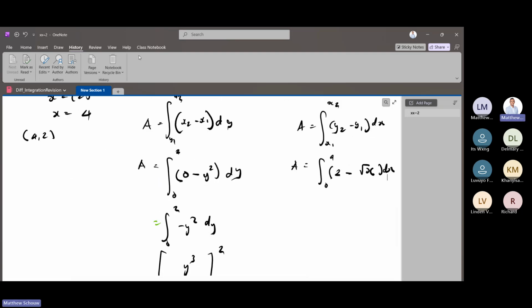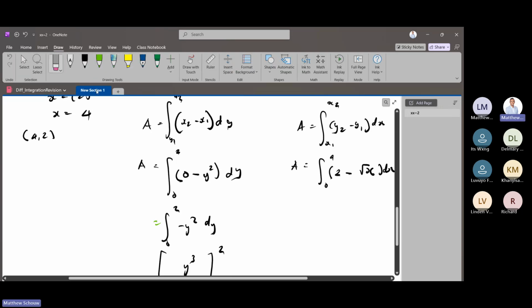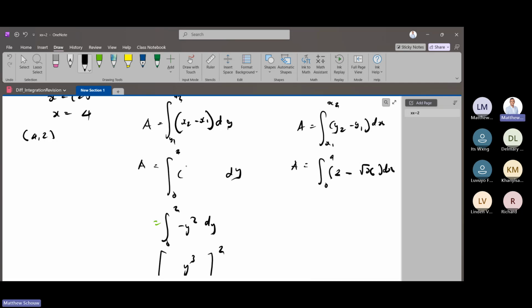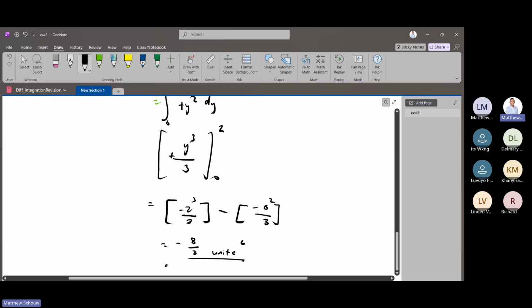Okay, so I'm confident now, looking at this, I'll make this x2 minus x1, and this will be y squared. This will be positive. You can even make this all positive, and I'll explain again why.